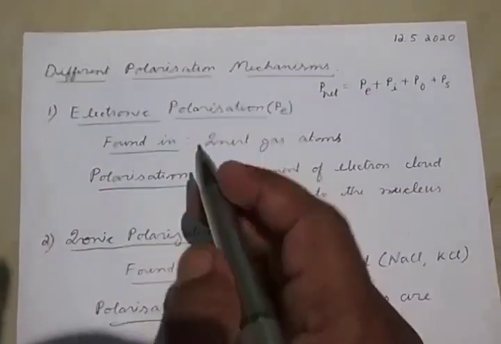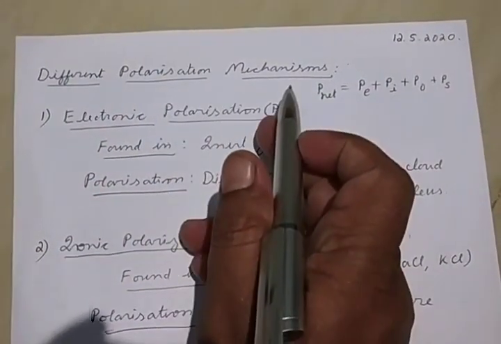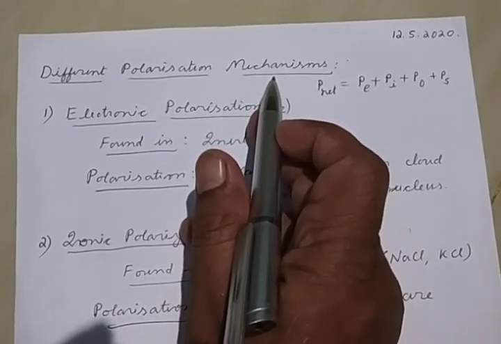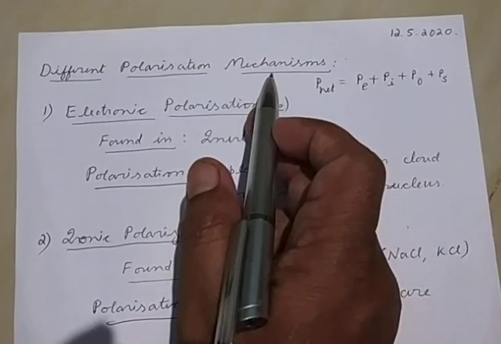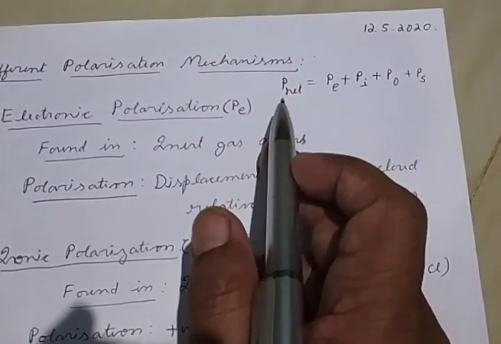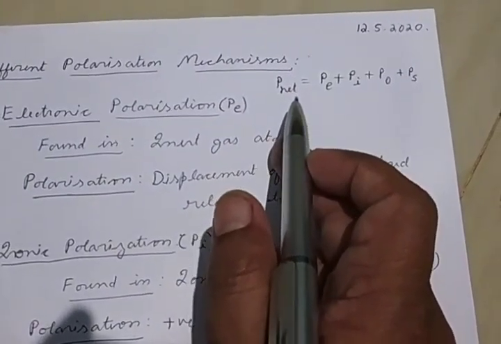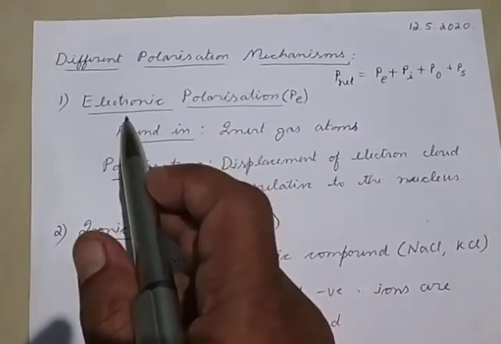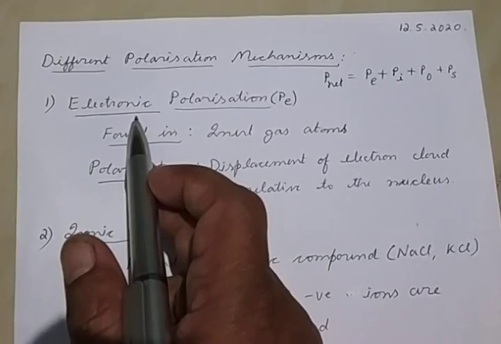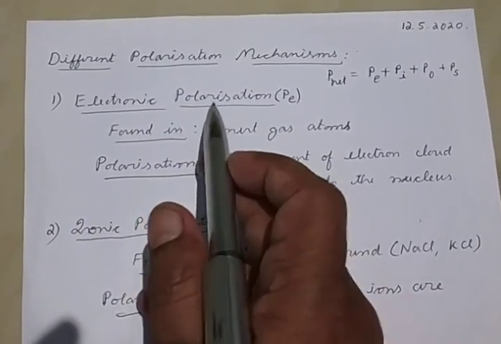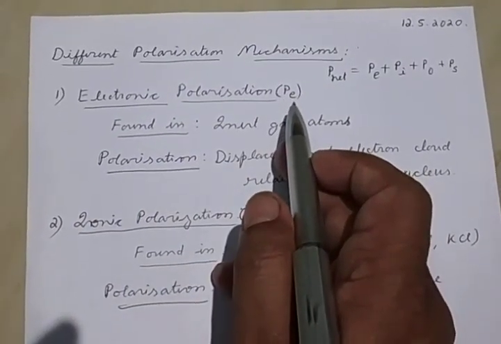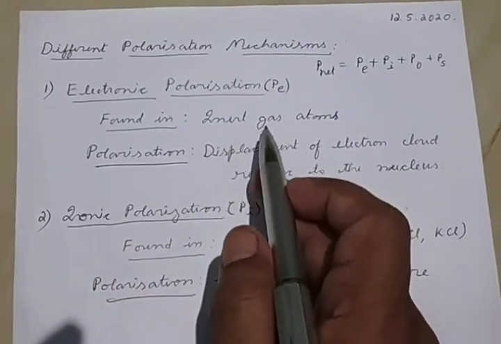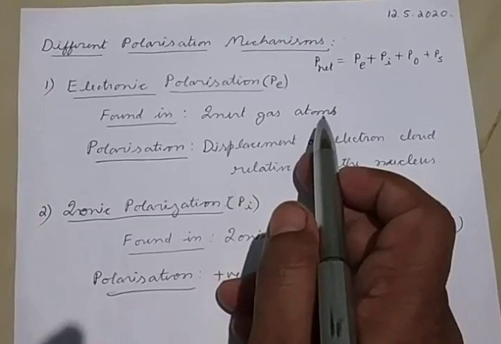Now let us see the different polarization mechanisms that happen in a given dielectric material in the presence of the applied field. Therefore the total polarization, the net polarization, is the sum of the four different polarizations that we will discuss now. The first type of polarization is the electronic polarization, which we denote as PE. Electronic polarization is found in inert gas atoms.